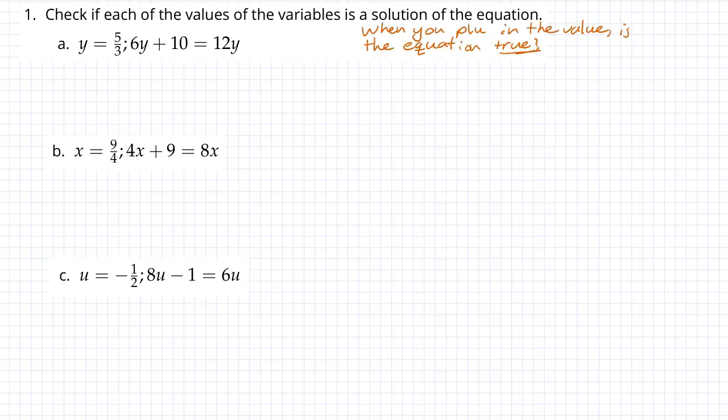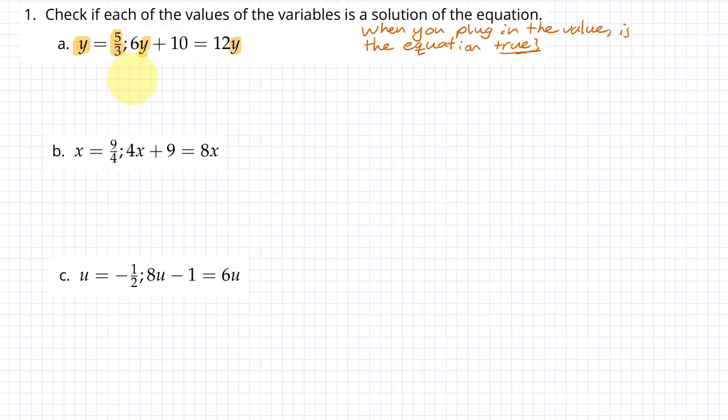A solution of an equation is a value that, when you plug in this value, makes the equation true. It should actually make both sides equal. Let's try that with A by plugging in 5/3 wherever you see the y here.